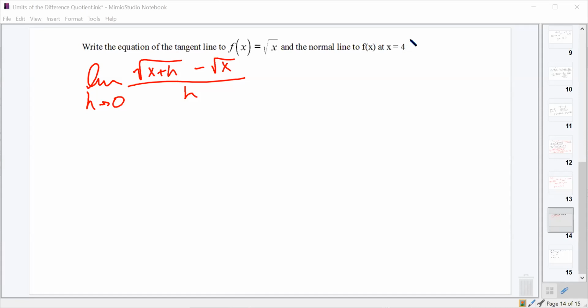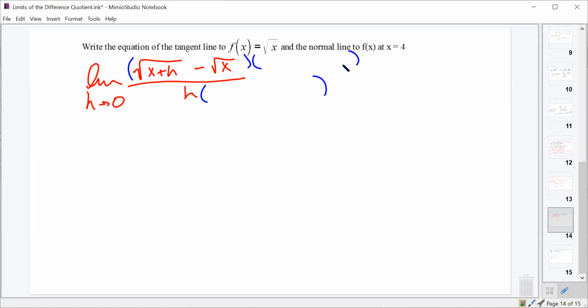Could you square the whole thing? Would that do anything? Squaring it is not going to. I mean, it does a couple of things. One is it changes the nature of this function, so it'll give us the wrong answer. But also, it doesn't clear out the radicals. But you're sort of on the right track. We do need to multiply it by something, to both the top and the bottom.